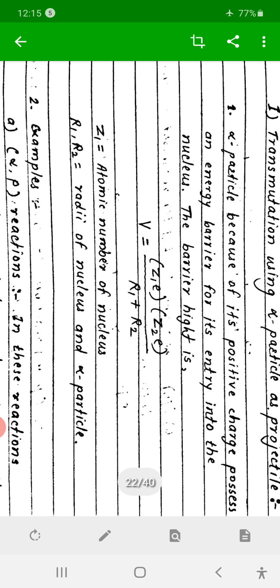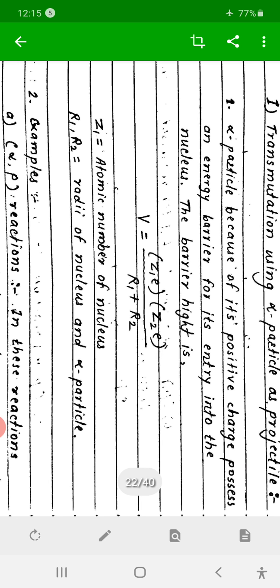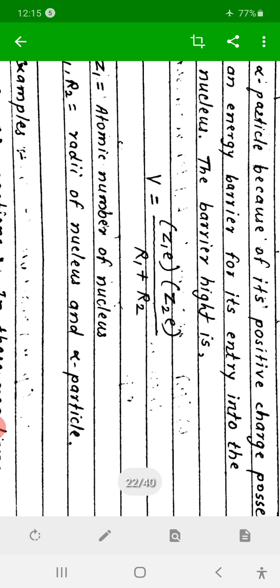Therefore, because of the positive charge of the helium particle, there is a barrier potential, barrier energy, or difficulty for entry of that alpha particle into the target nucleus, because of positive repulsive force.